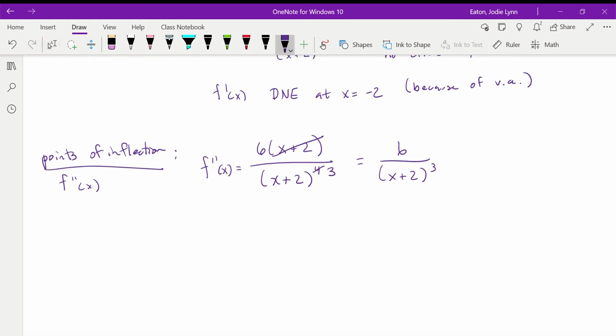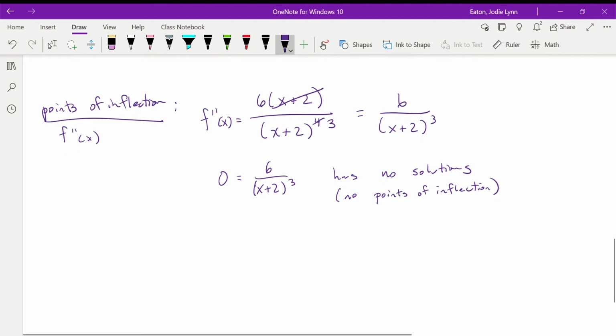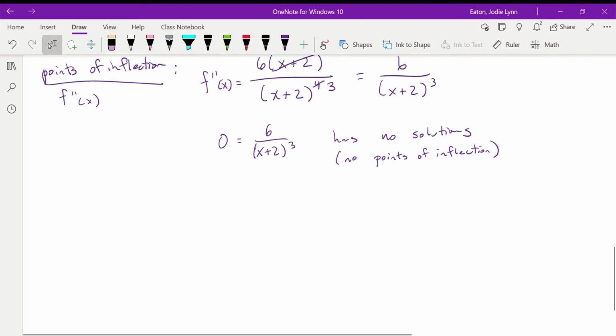So 0 equals 6 over (x plus 2) cubed has no solutions. That means that we are not going to have any points of inflection. But we do have a place where the second derivative doesn't exist, which is again x equals negative 2. And we might notice that we're going to change sign there.